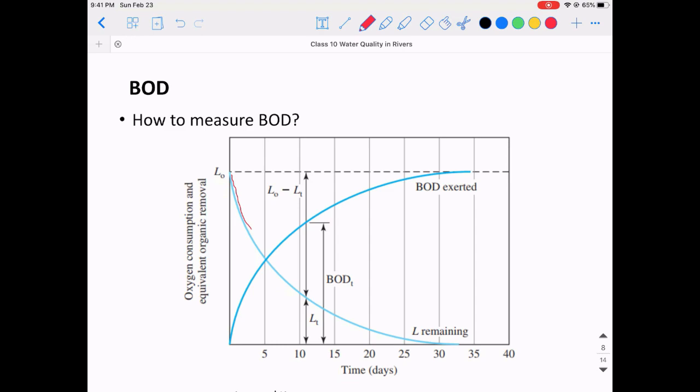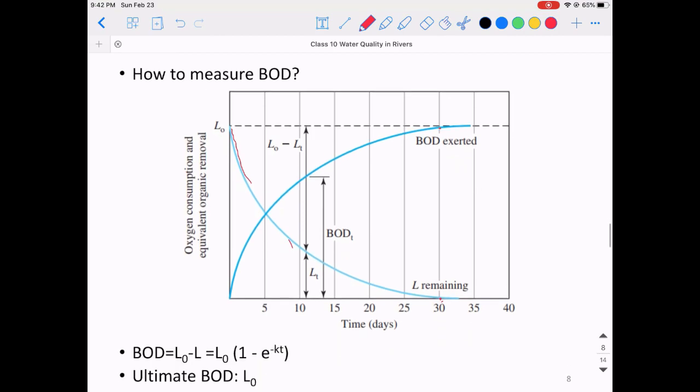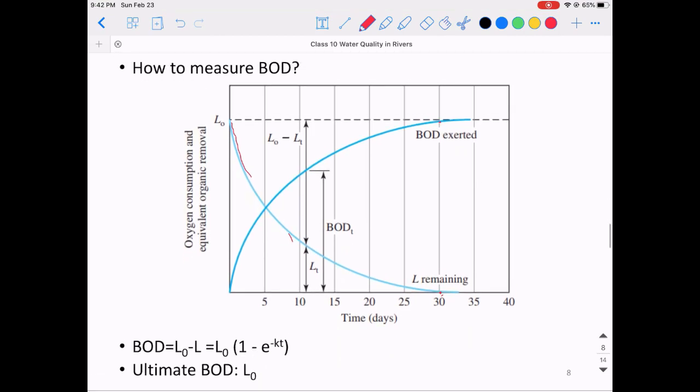This line is the concentration of the organic materials as a function of time, and the BOD, or the oxygen demand, is going to keep increasing as a function of time. For example, at 30 minutes, although the concentration of the organic matter has decreased, the BOD at 30 minutes, which is the cumulative oxygen demanded by this water, is almost at the highest value.